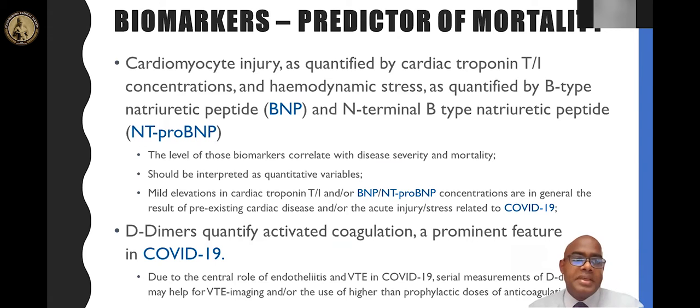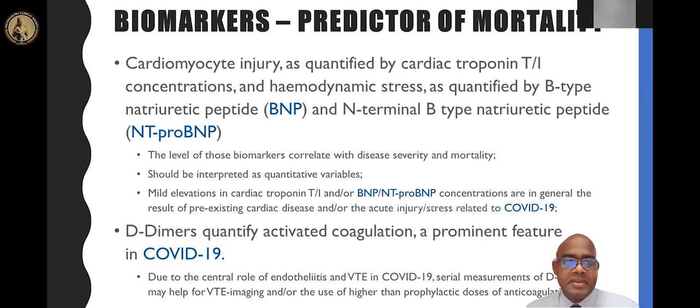Now, we all know that troponins are important to detect cardiac injury, but also remember the BNP and the pro-BNP levels also are an important biomarker to quantify the cardiac stress. Now, cardiac injury is diagnosed by the troponins.